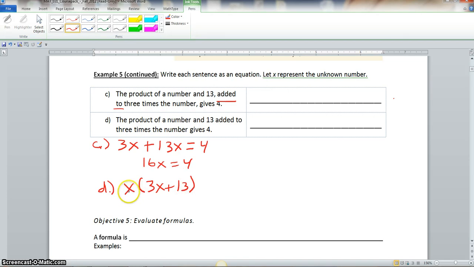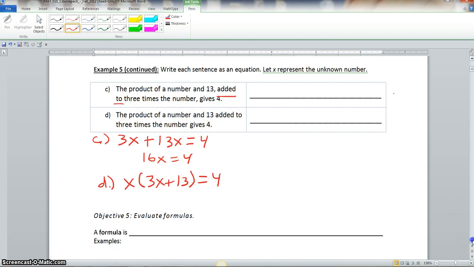Now this is the product, which is x times the 13 added to 3 times the number, which is here, and it gives us 4. The commas do make a significant difference. Now we scroll down here.